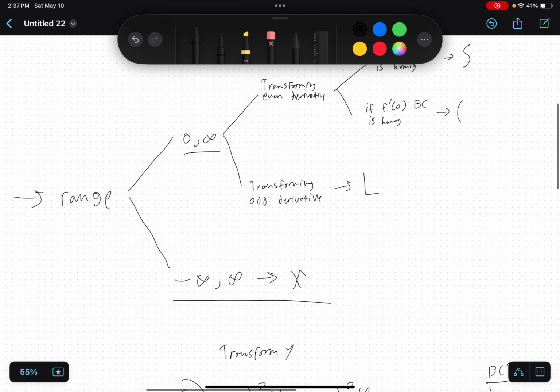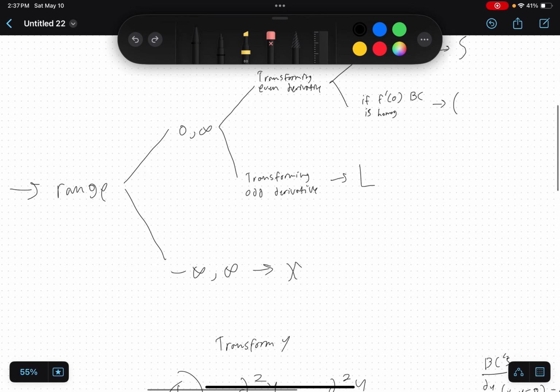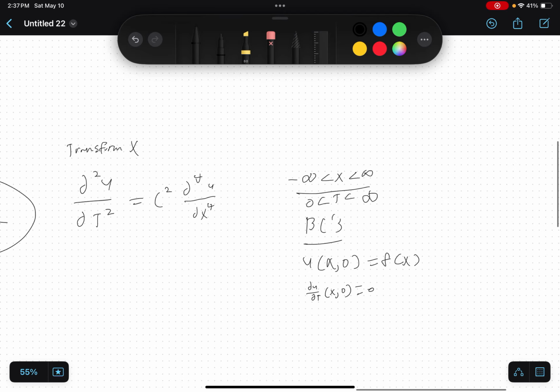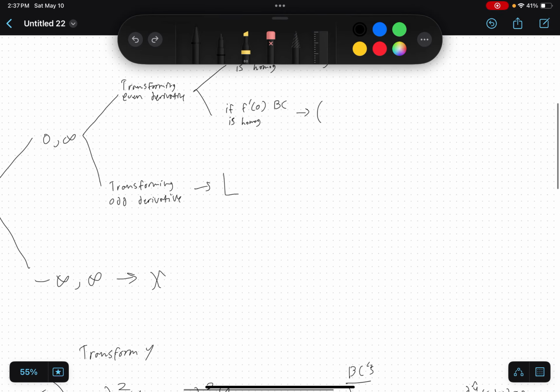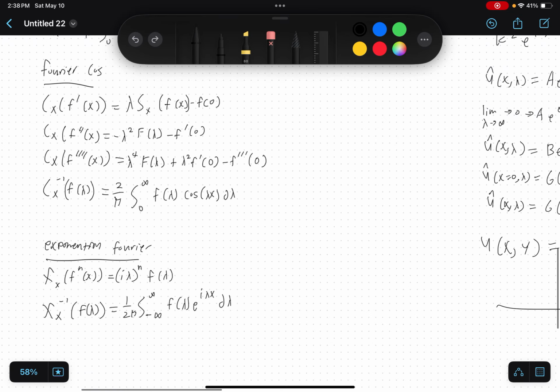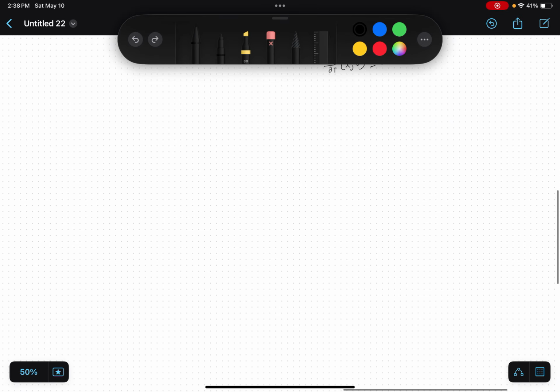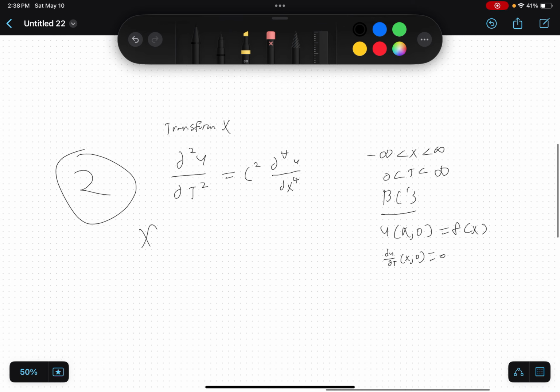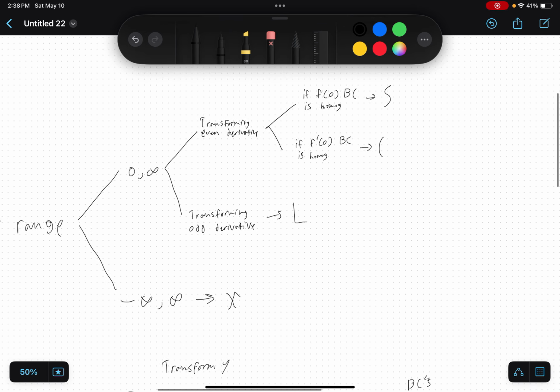Negative infinity or 0 to infinity. I think ours, if we're transforming x, x has a range of negative infinity to infinity. So we're going to use, what's that one called? Exponential Fourier. And that's literally it. We just end right there.